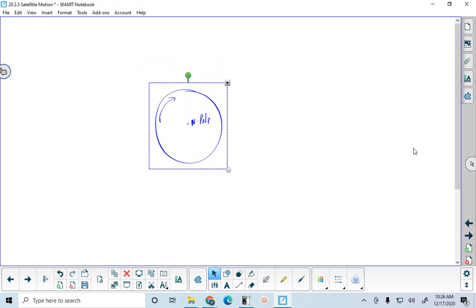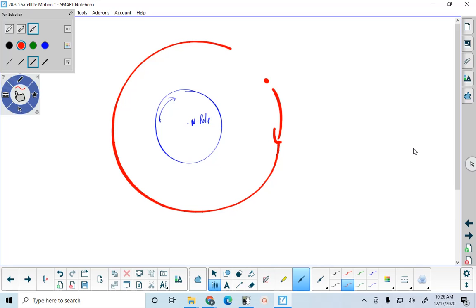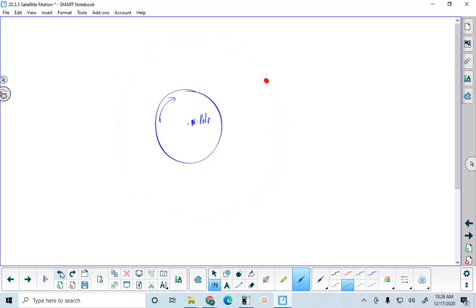Now, if I have a satellite in orbit, the satellite is rotating as well. And it could be that every time the Earth spins once, the satellite goes around 5 times. Who knows? It could be in a very low orbit, moving very fast. But the idea behind a geostationary satellite is this. I'm going to have to, how can I do this?